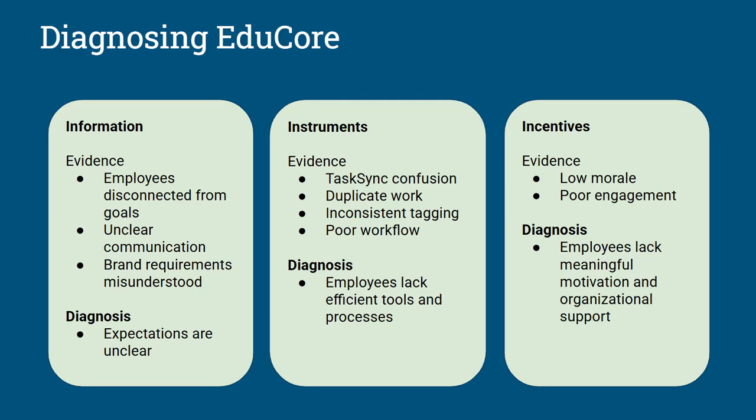Second, instruments. This category reveals problems with the systems and processes employees rely on every day. Staff experience confusion with task sync, duplicate work, inconsistent tagging practices, and inefficient workflows. These issues suggest that employees lack the tools and standardized processes needed to perform efficiently.